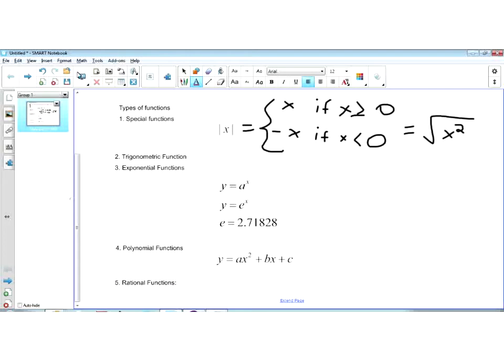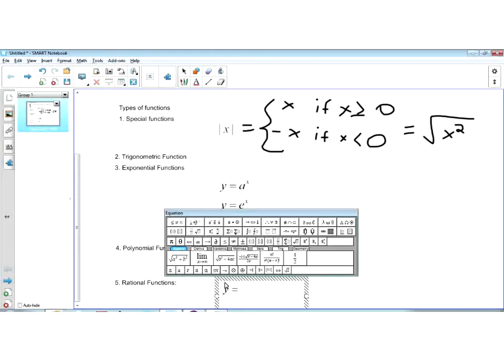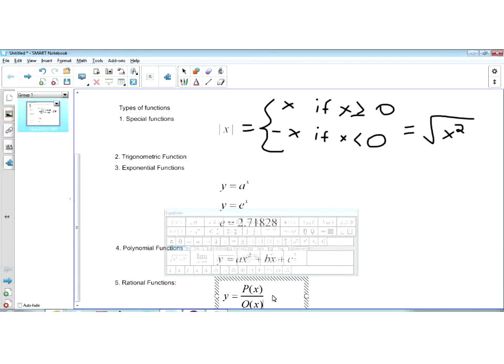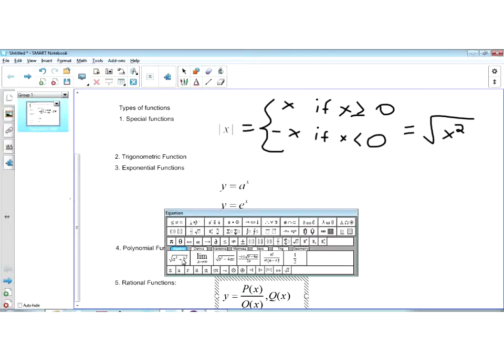Okay, so a rational function is written as a ratio of two polynomials. y is equal to p of x divided by q of x. Okay, so this will be the generalized notation. And of course, with the understanding that q of x does not equal 0, right?